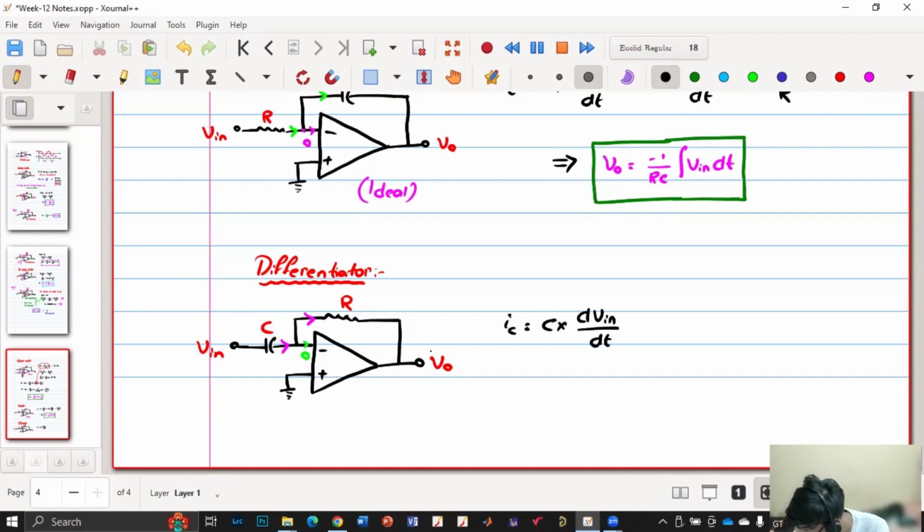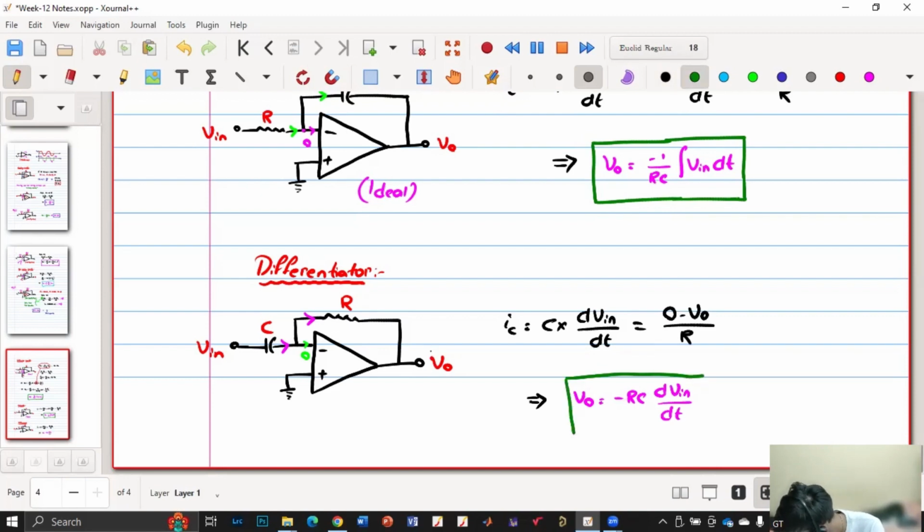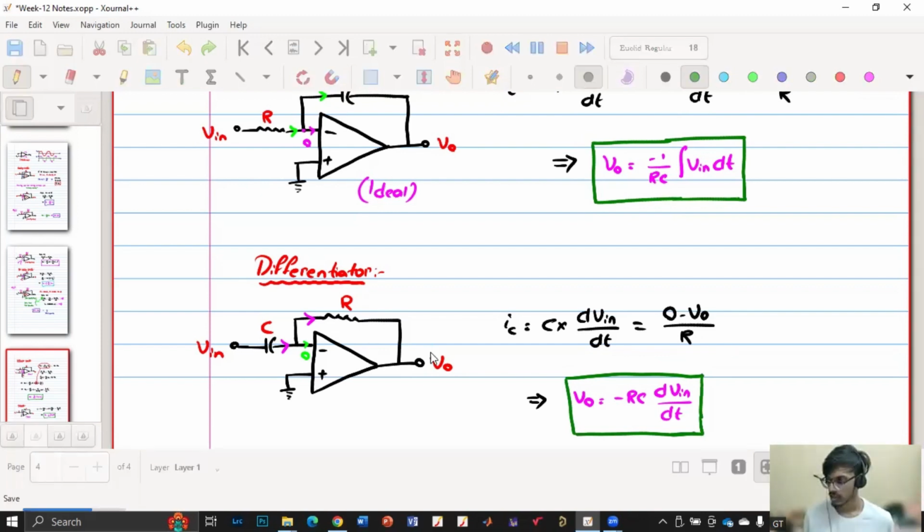And this equals 0 minus V naught by R. Now we get V naught is equal to minus RC into dV in by dt. So the output is like a derivative of input. That's why it is called differentiator. So is this clear, how we are getting integrator and differentiator?